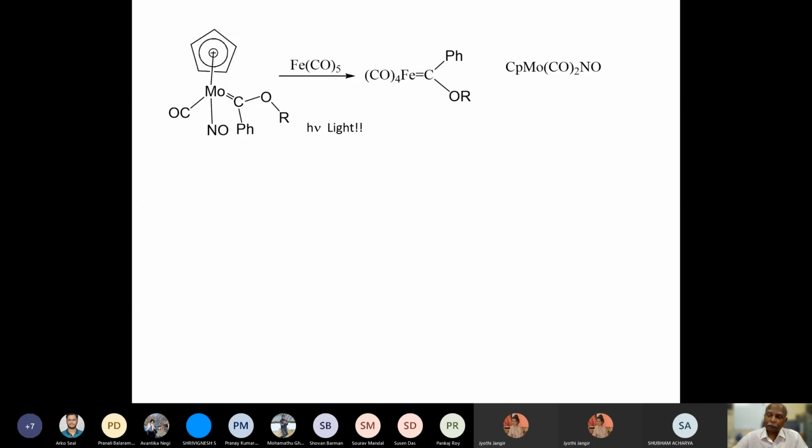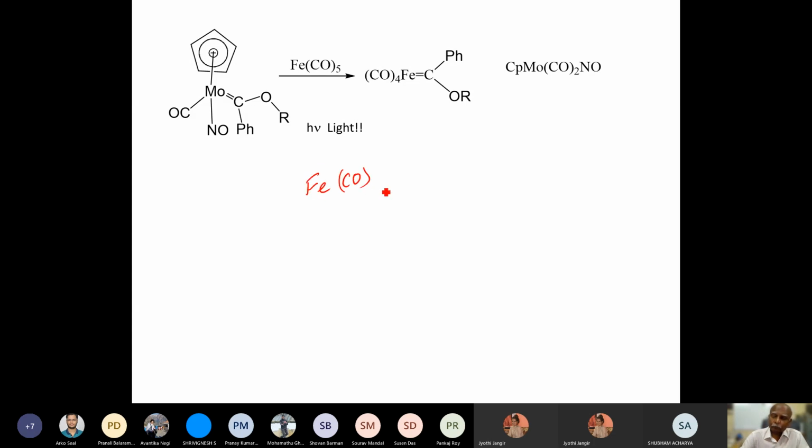Here is another example where you transfer it to a 3D transition metal, but now you bias the system in a particular fashion. And the way in which they have biased the system is by making a coordinatively unsaturated species.